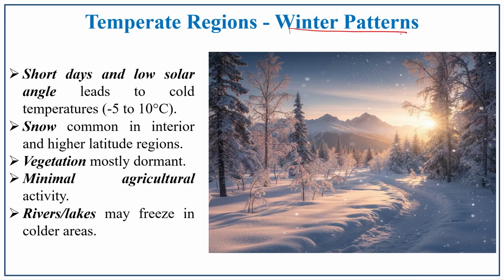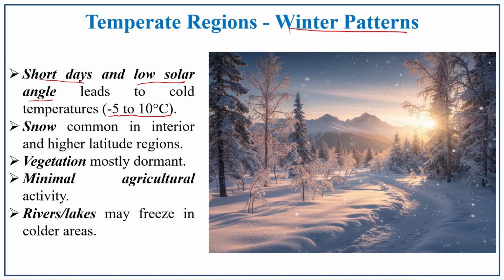In the winter pattern, the days will be very short and there will be a low solar angle, which leads to cold temperature. The temperature range is -5 to 10 degrees Celsius, and a common feature is snow in the higher latitudes.